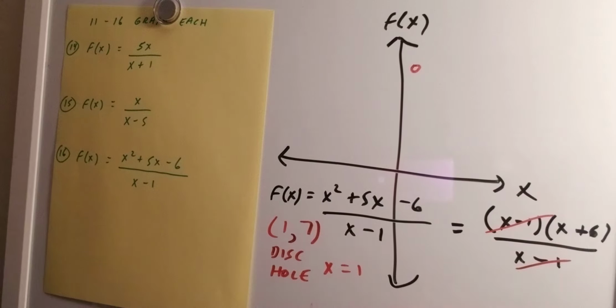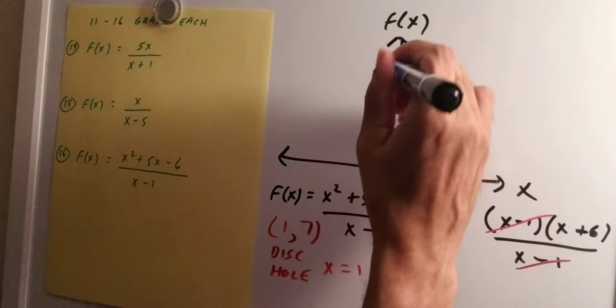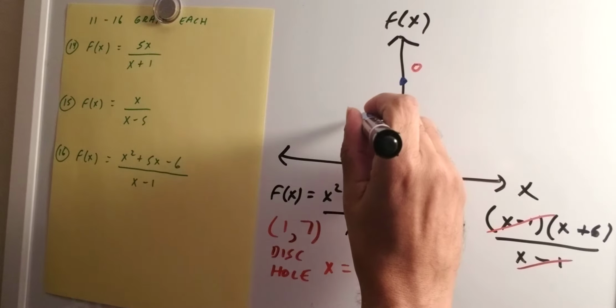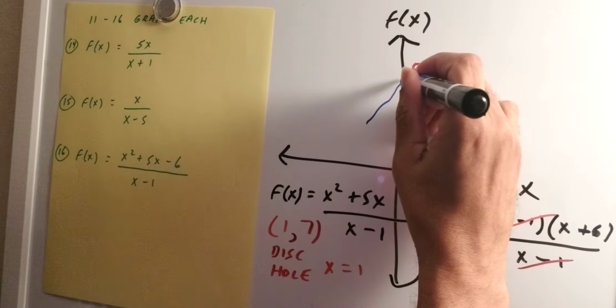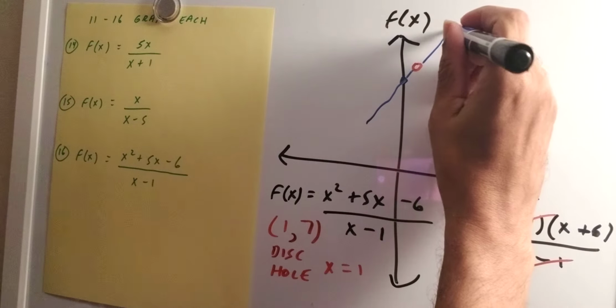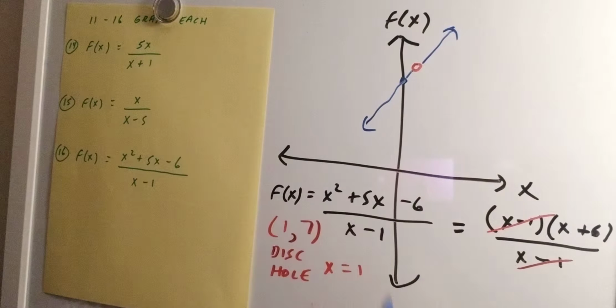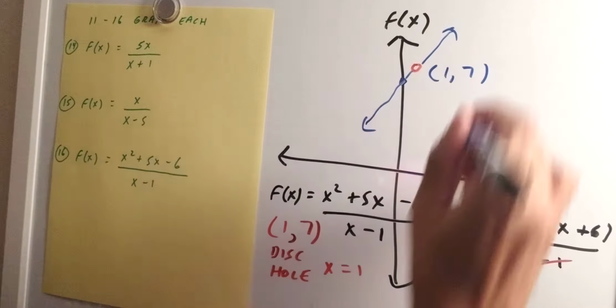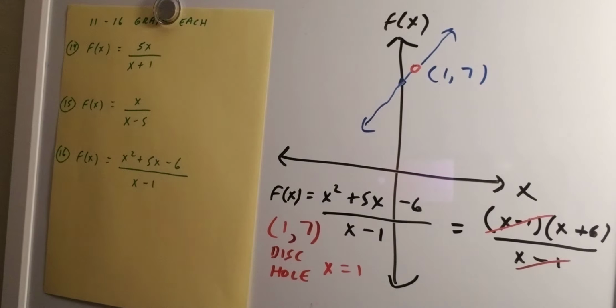So we have a y-intercept, let's go with blue, at 6. And we have a linear function, slope of 1. And again, the hole is at 1, 7. All right, that's number 15.